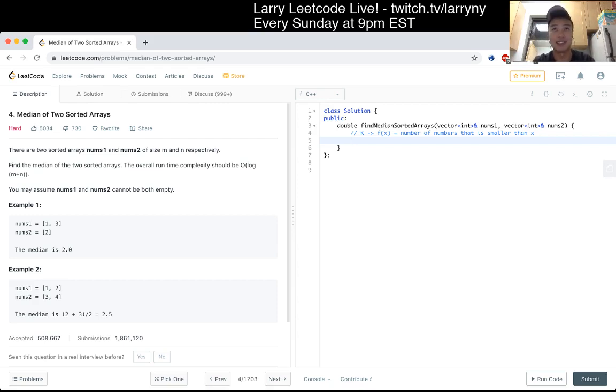There are two binary searches, but you only need to do a fixed number of them. So that's why it ends up being k times log m plus log n, where k is some constant related to your word size, which for an integer is just 32, right?